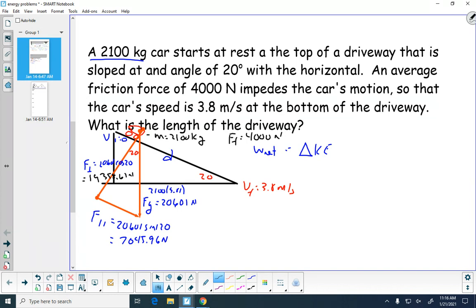Your force parallel should be 7,045.96 newtons.